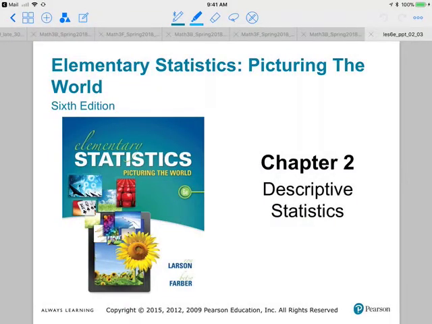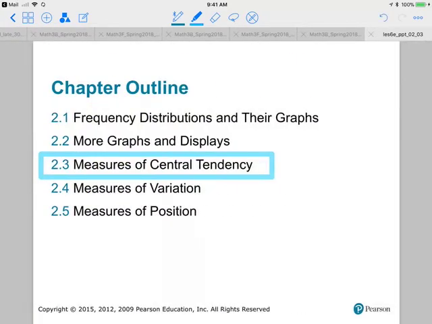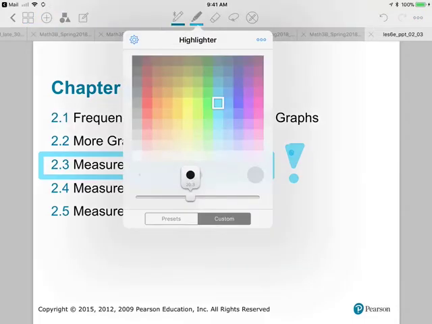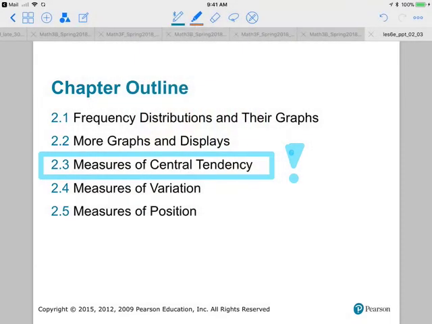Hello. We are continuing our study of Chapter 2, Descriptive Statistics, and we are focusing on measures of central tendency. By now you've been introduced to the concept of a frequency distribution.